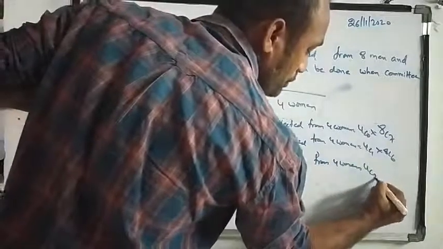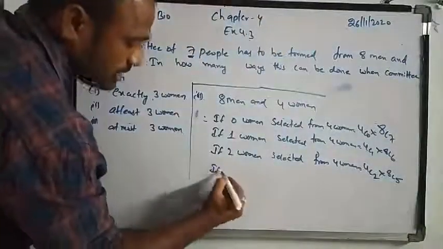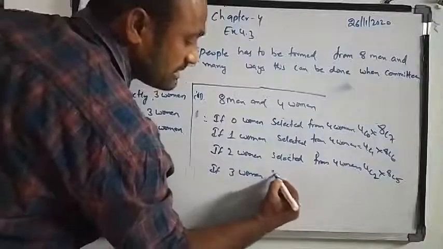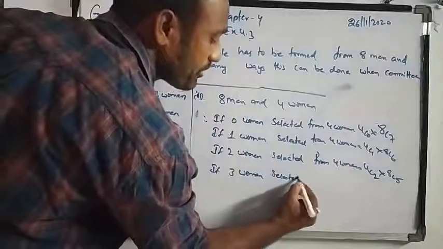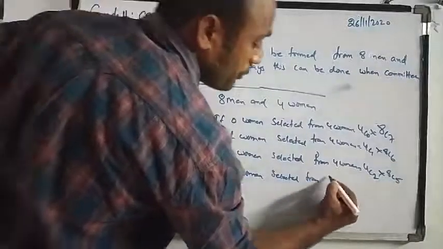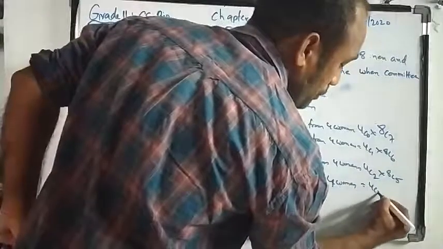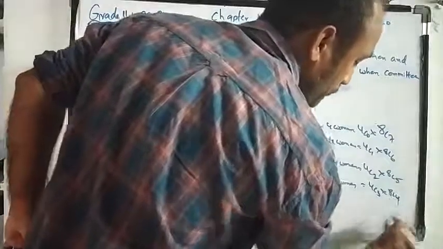So that is 4C2 into 8C5. Next, at most 3 means I can select 3 women also. So 3 women selected from 4 women. So that is 4C3 into 8C4.